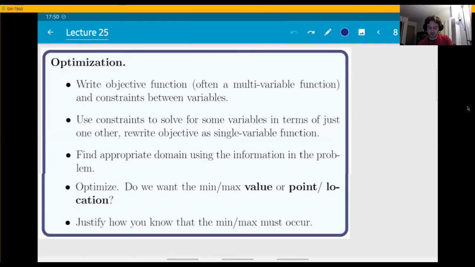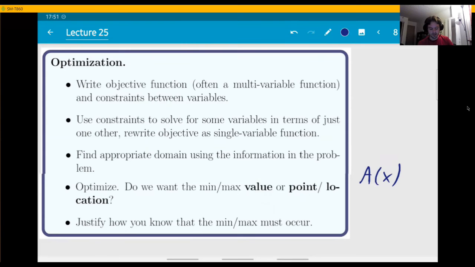Maybe if the function that you're optimizing is the area as a function of x, if they ask for what is the maximum area, that means the value, the A of x, is the thing that you're looking for. But they may ask what is the parameter x that makes the area maximum. They're then asking about the point.